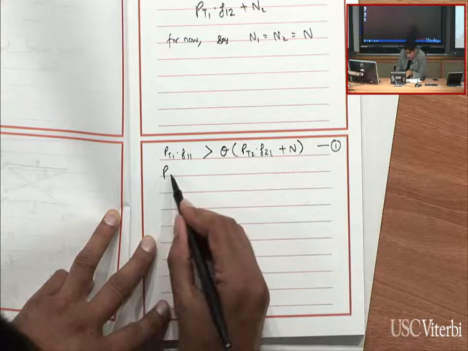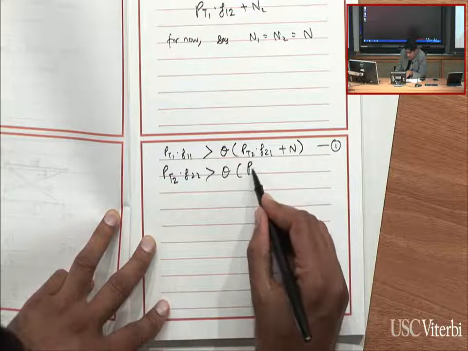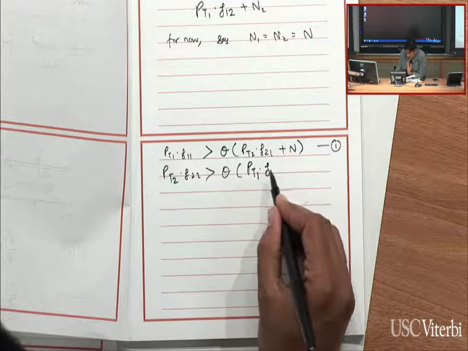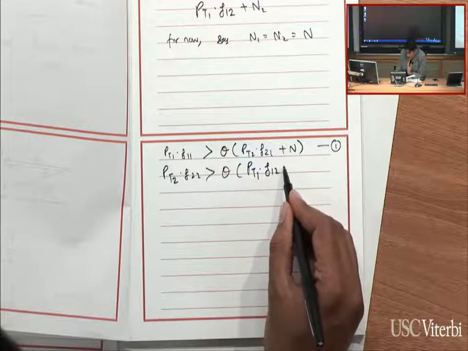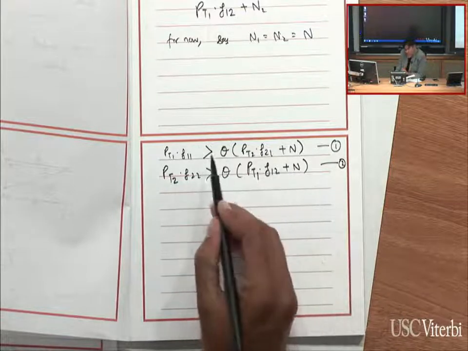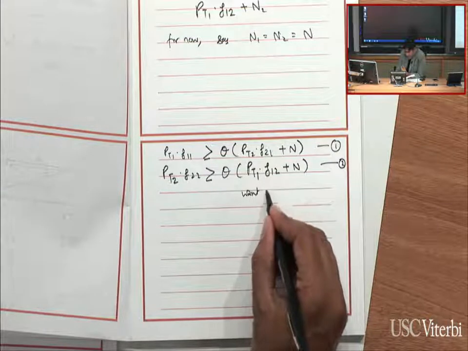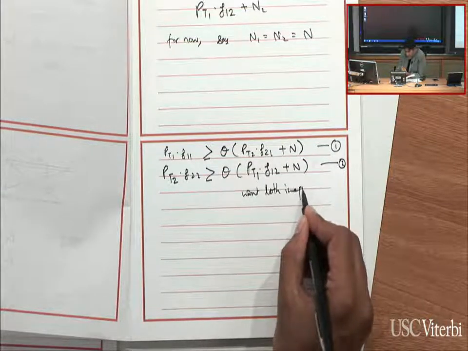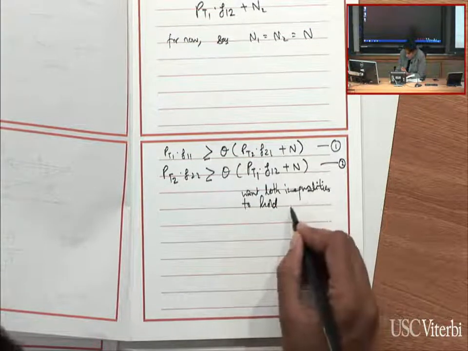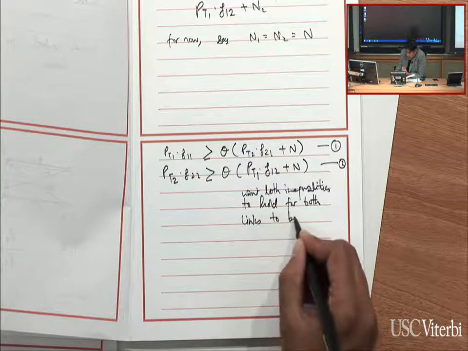And then the second equation says PT2 times G22 should be bigger than theta times PT1 times G12 plus N. So we want both of these inequalities to hold simultaneously, right? For both links to be satisfied.